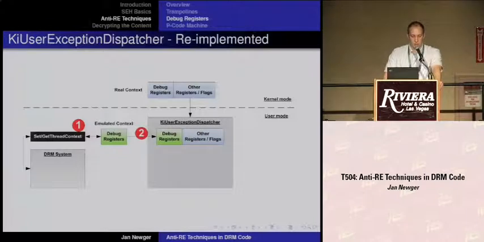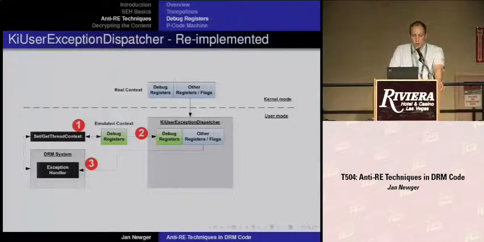Upon triggering an exception, the operating system would again call our KiUserExceptionDispatcher because we hooked it. What we would do then is plug in the fake debug register values, which are green, and merge them with the original values passed down from kernel mode by the operating system.